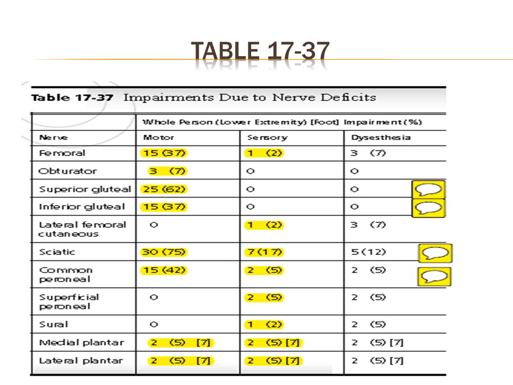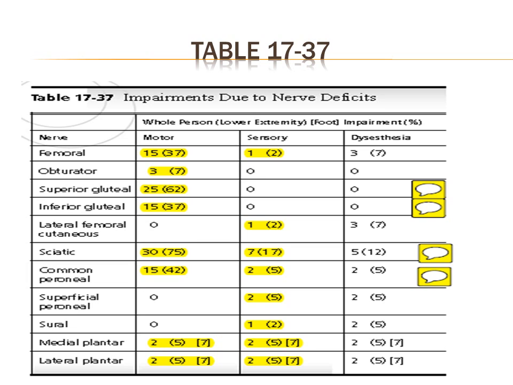However, according to Table 17-37, the AMA guides do not ascribe much impairment to loss of sensory function of the obturator nerve. In other words, the guides are telling us that complete loss of sensory function of the obturator nerve is not an impairment.